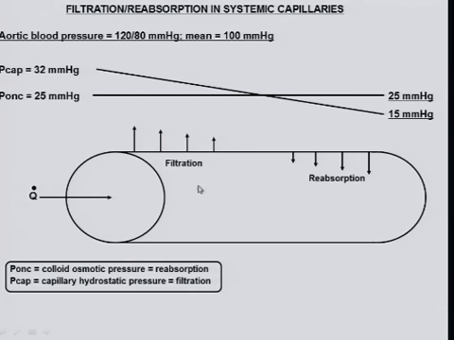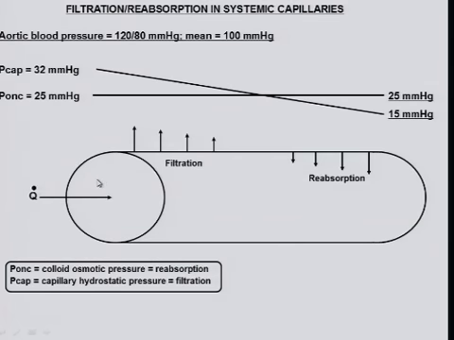However, the capillary pressure, now remember, aortic blood pressure may have a mean of 100, but when we get down to the capillaries, we increase the total cross-sectional area, the total volume capacity dramatically, therefore the pressure drops. So as we get to the capillary bed, the capillary pressure is about 32 millimeters of mercury coming in.